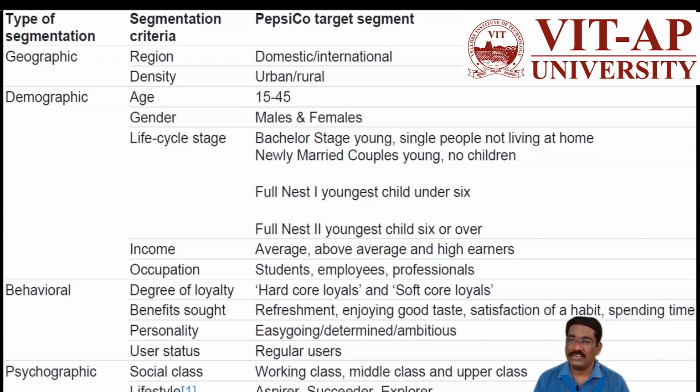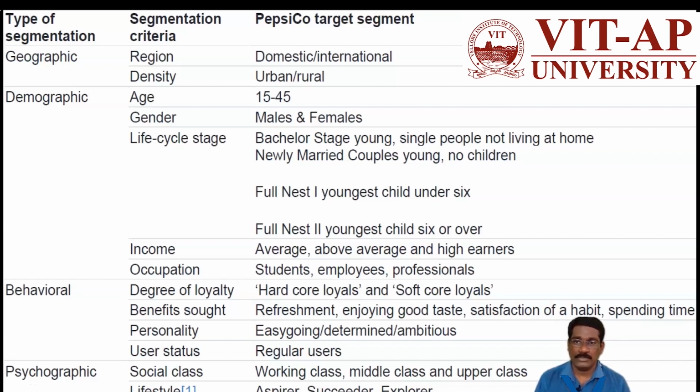In the case of density, Pepsi uses a geographic variable and categorizes into urban and rural. If it is an urban area, they come out with a 3 liter pack size. And when you talk about rural areas, they want many 200 ml bottles, which really caters to the affordability of the rural consumers.